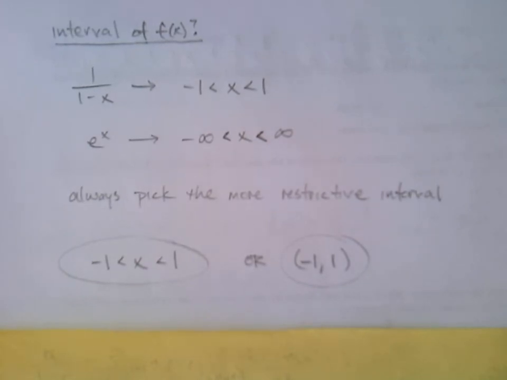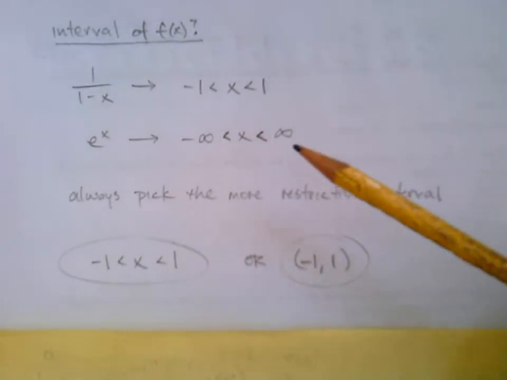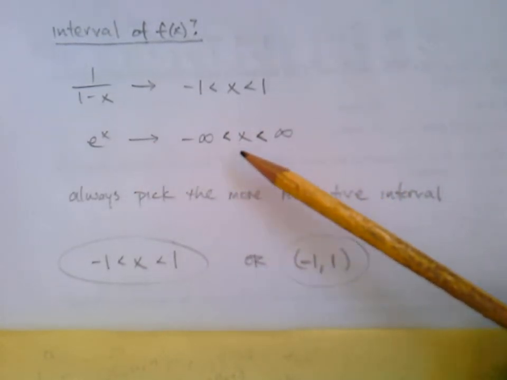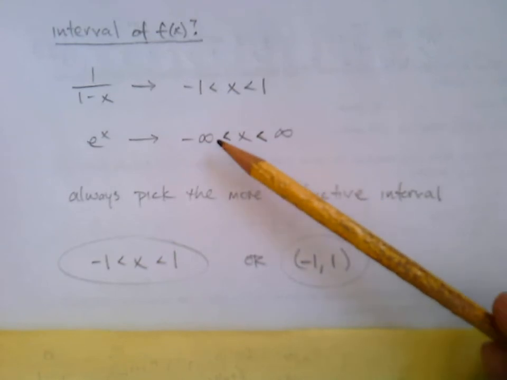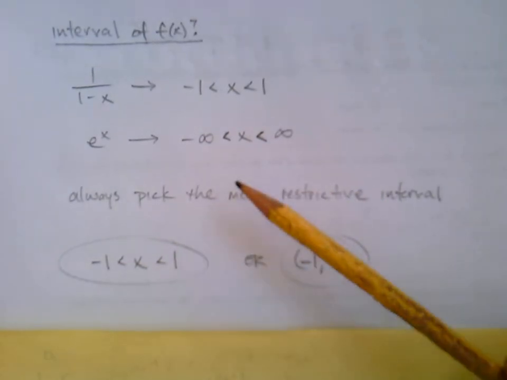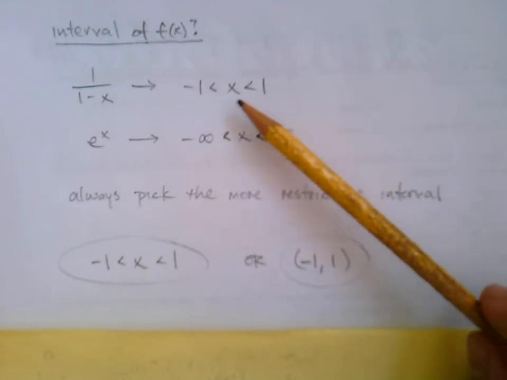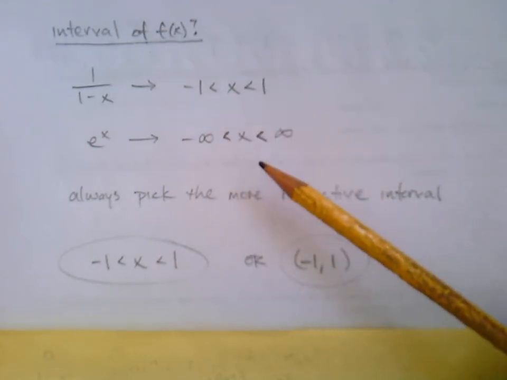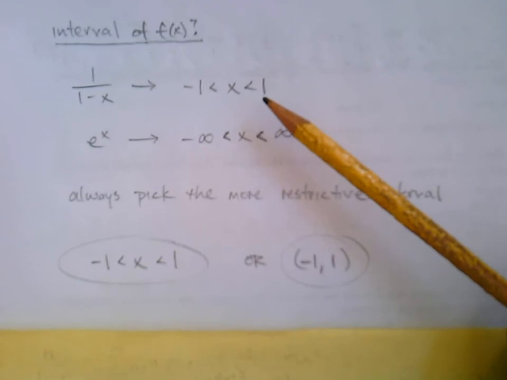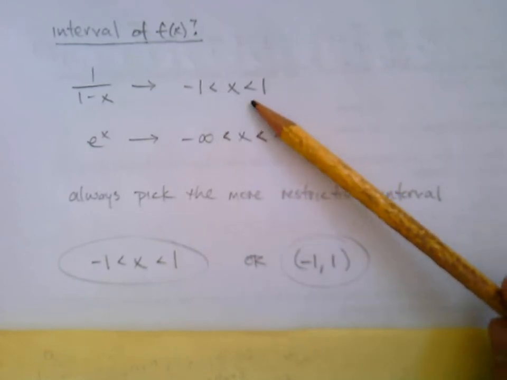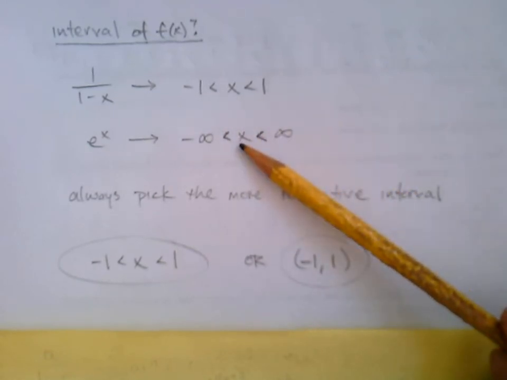Why is it that we pick the more restrictive? Well, for e to the x, we're allowed to pick anything, and that series will converge. But for 1 over 1 minus x, we can only pick values between -1 and 1. So the values between -1 and 1 work for both of them.